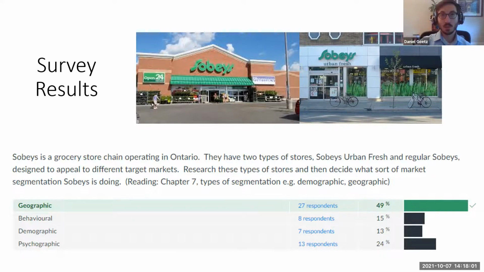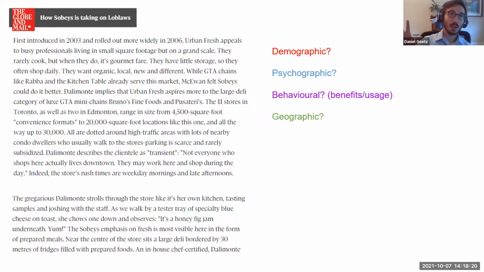For instance, if it was just about being in a city center, why not also Mississauga? And if it was just about age, why not where there's a lot of young people in different parts of the country? So often the segmentation happens on a lot of dimensions at the same time.